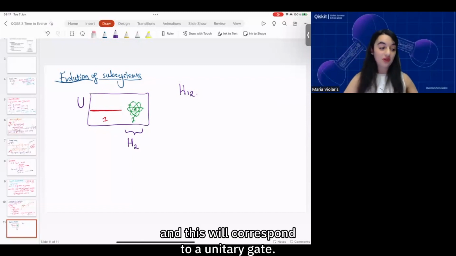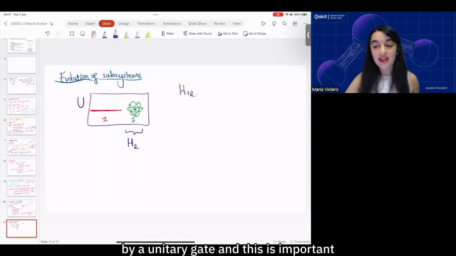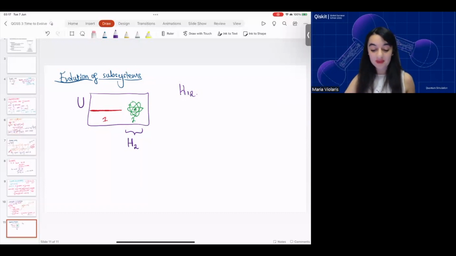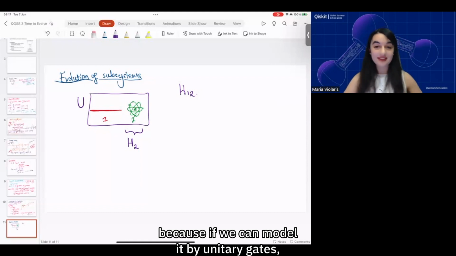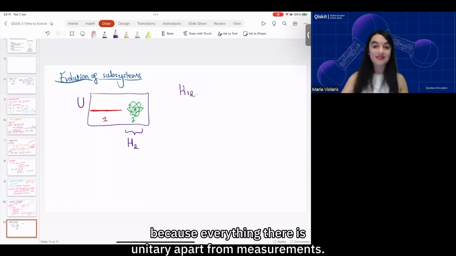And this will correspond to a unitary gate. So we can approximately model the dynamics of this atom by a unitary gate. And this is important because if we can model it by unitary gates, then we can start to think about how to simulate it on a quantum computer, because everything there is unitary apart from measurements.